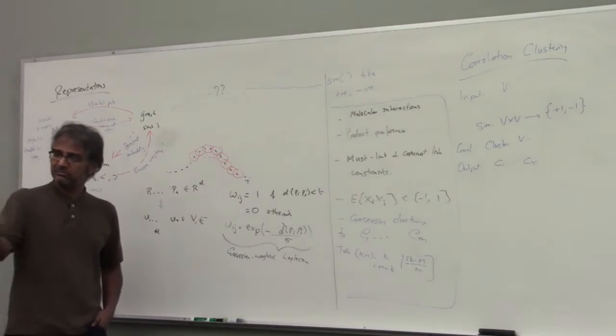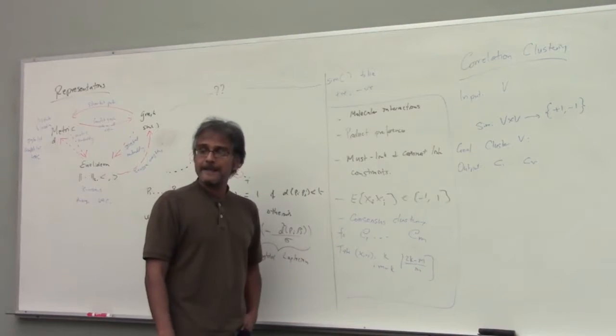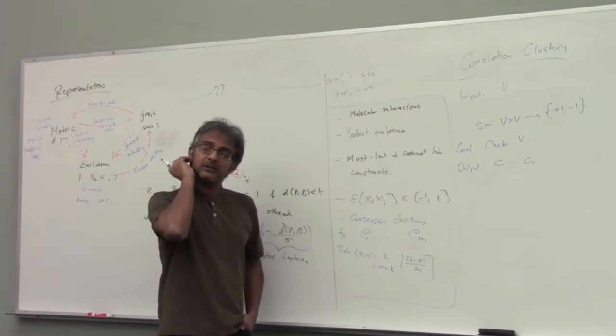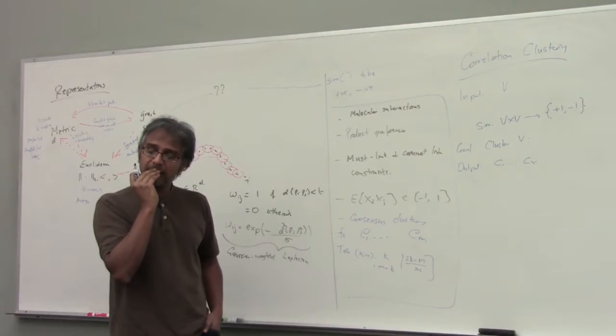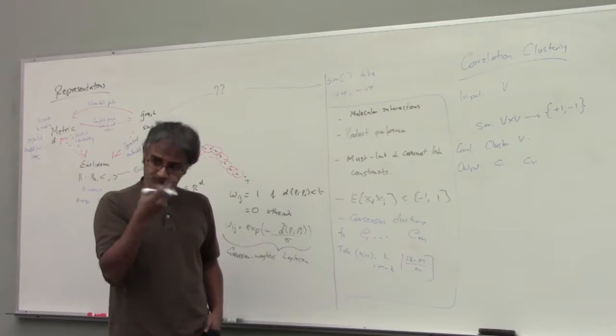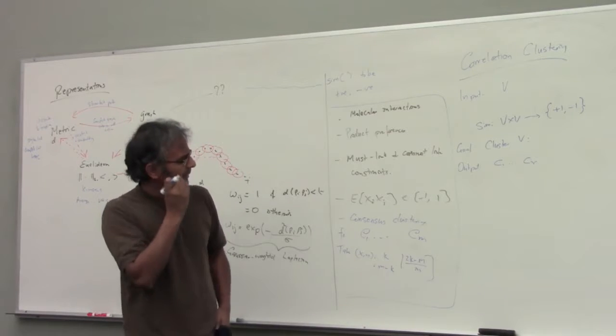So you're saying, what do you want? Well, you look at all the points within, let's say, Ci, and you want all of them to be plus 1, right? But most of them should be plus 1. I know. Okay, so it's a sum over the pairs of points.